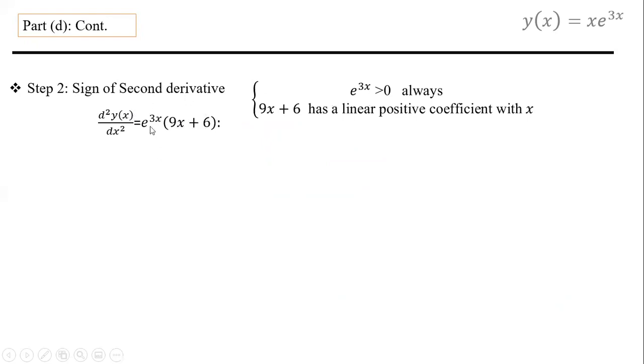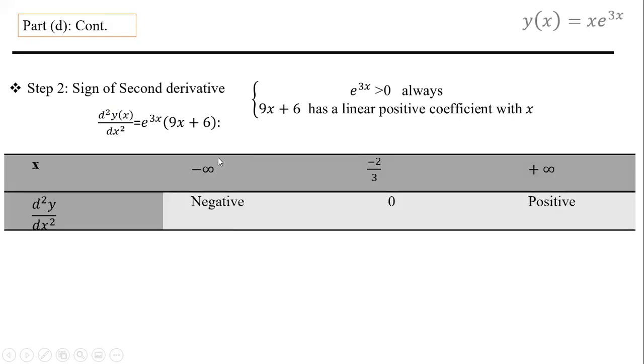So the sign of the second derivative is determined by the sign of this linear part. Because it is a positive linear relationship between x and this linear part, it can be positive and it can also be negative.